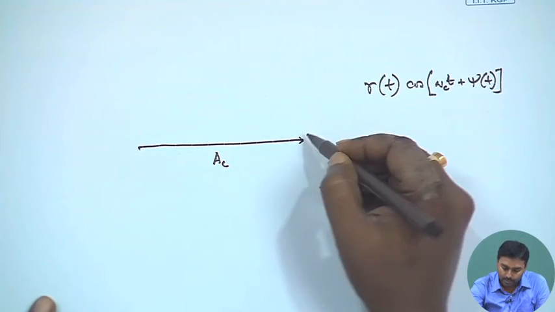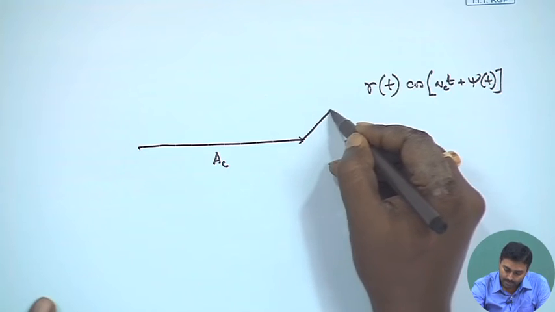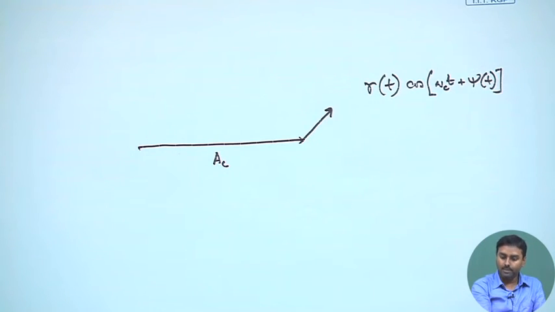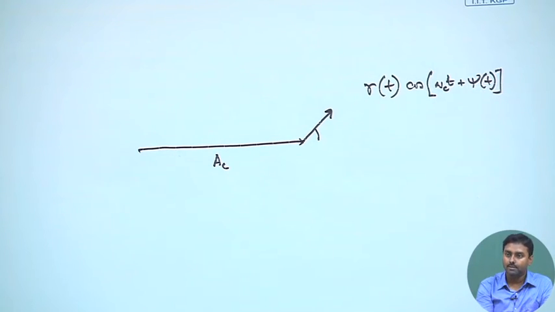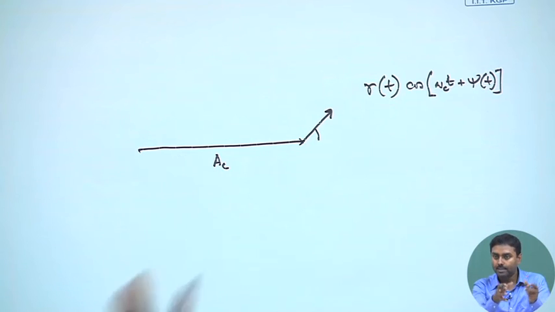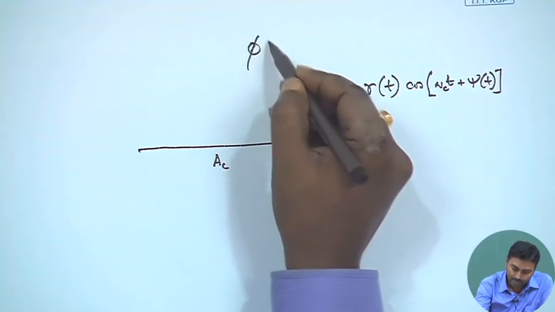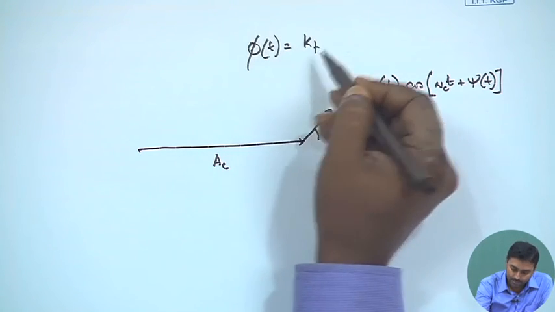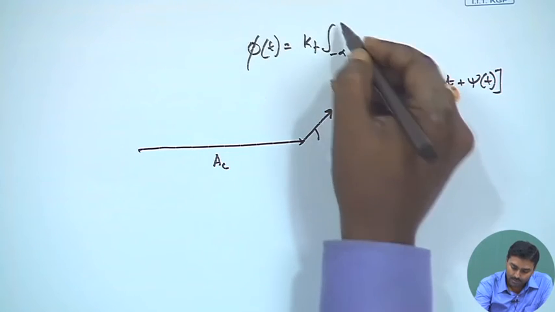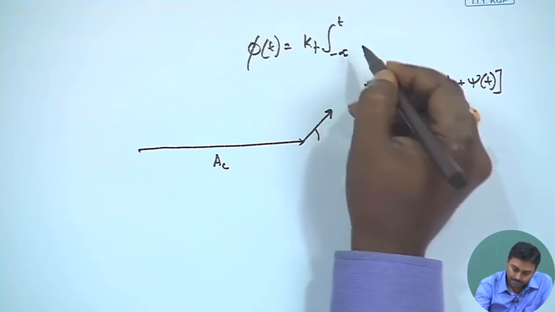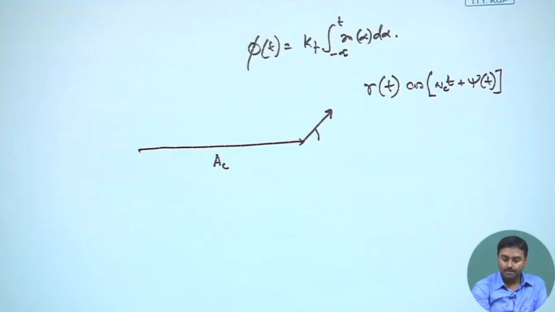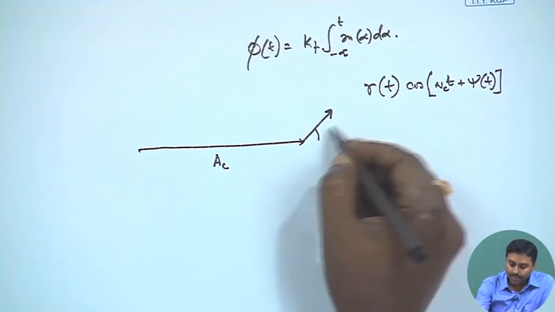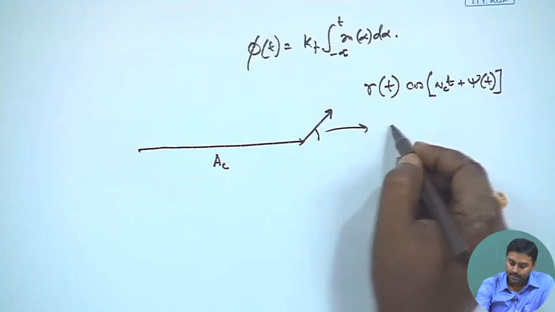We could see that it will be somewhere over here, where this angle is psi t minus phi t, where phi t is the FM phase, where the FM modulation term comes. That phi t is actually kf integration from minus infinity to t of m alpha d alpha. We have discussed that. So, this becomes psi t minus phi t.